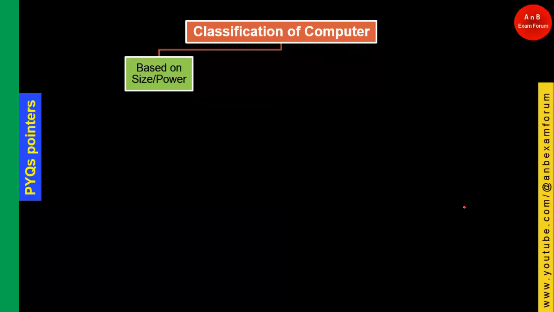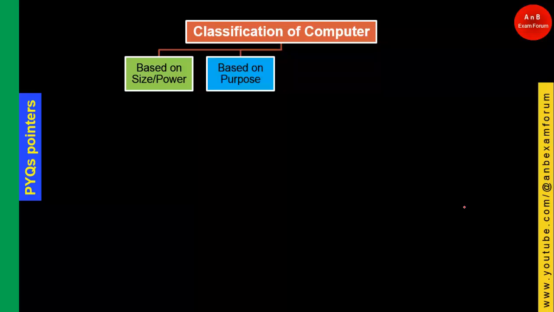Now let's see the classification of computers. We have seen the definition of a computer. A computer is a machine, a device which takes input, does some processing, gives the output and stores the result. So let's see the classification. The first classification is based on size and power. Size means how much space it occupies, power means how fast it can produce the result.